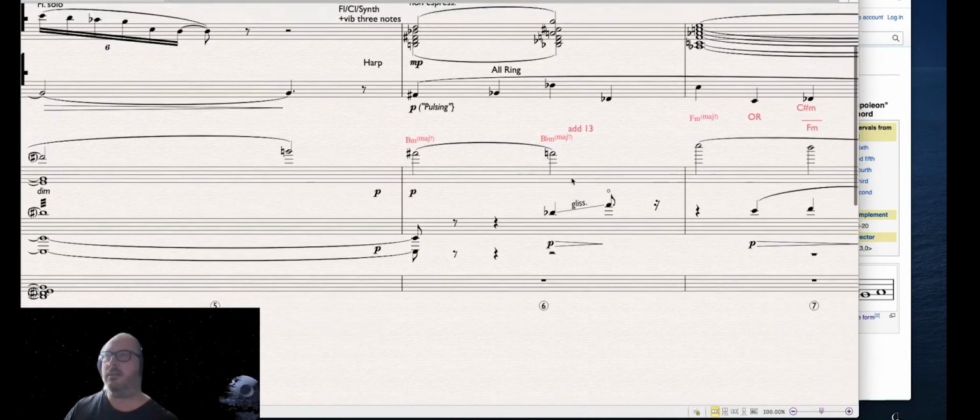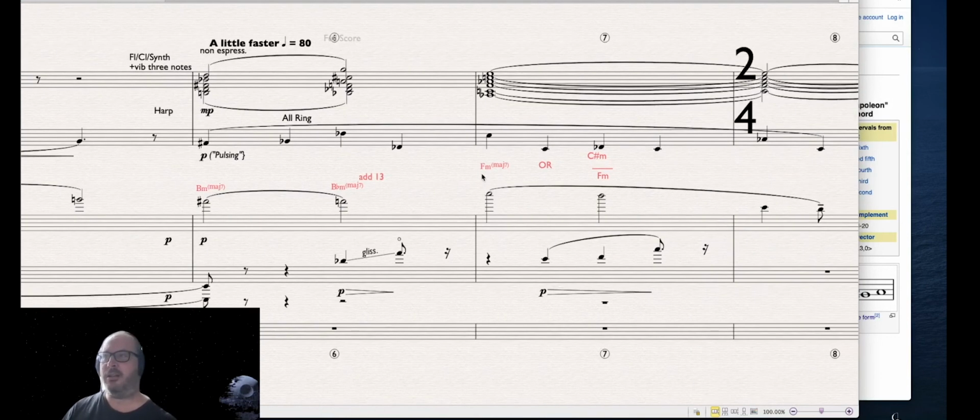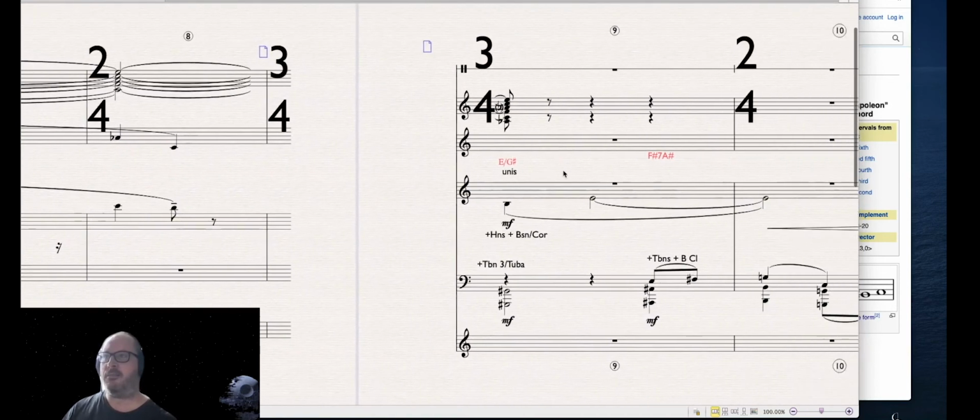Then we've got a lovely addition here, where you have B flat minor with a little added 13 on there. We've got another minor chord with a major 7th, and they pretty much appear all the way through.